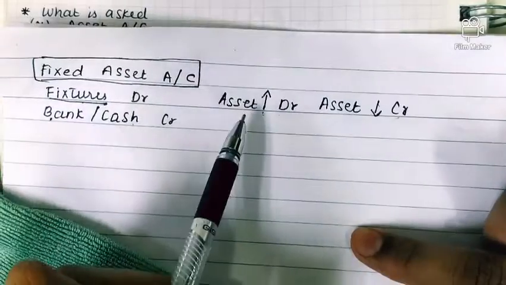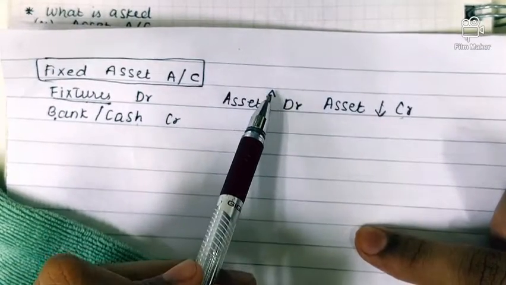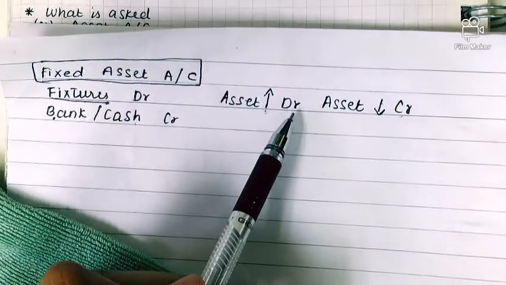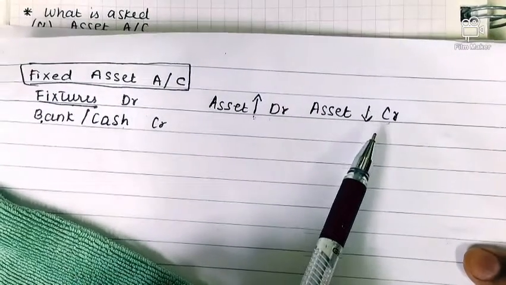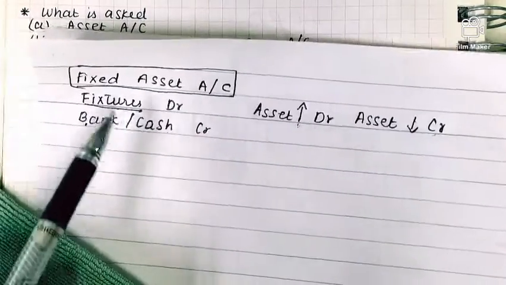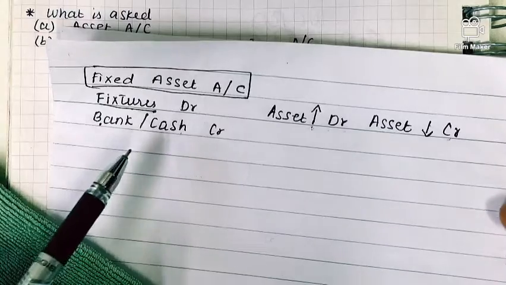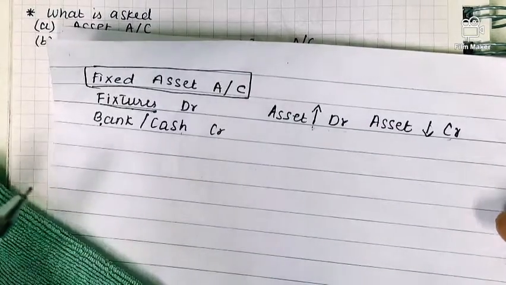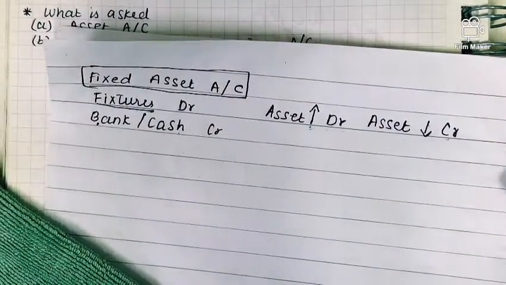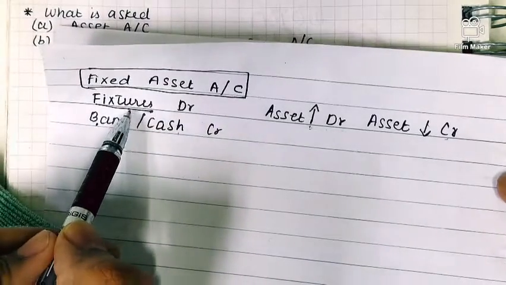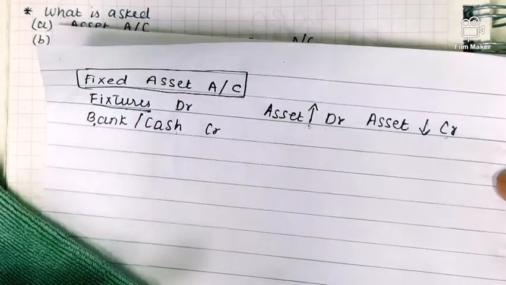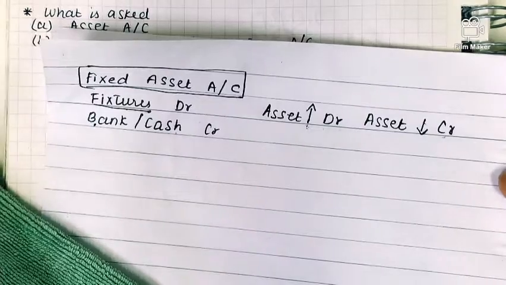So over here we know that when an asset increases, it becomes debit, and when an asset decreases, it becomes credit. The fixtures is our asset because we possess it and we bought it, so it's our property now. So is fixtures increasing for us or decreasing? This is the question.